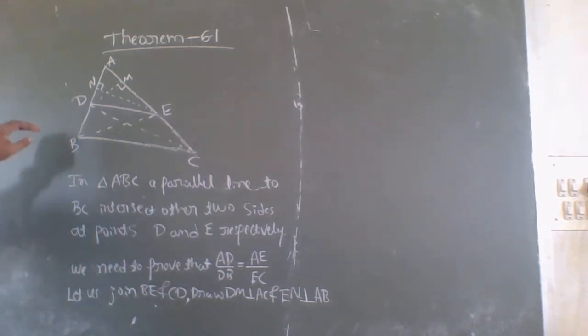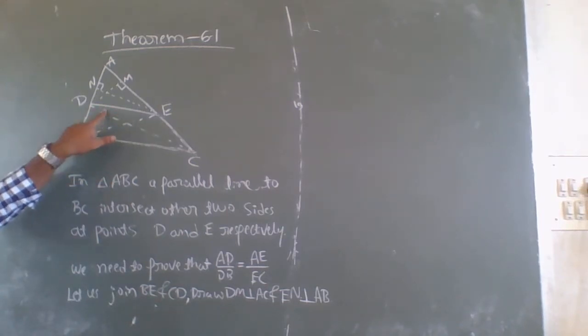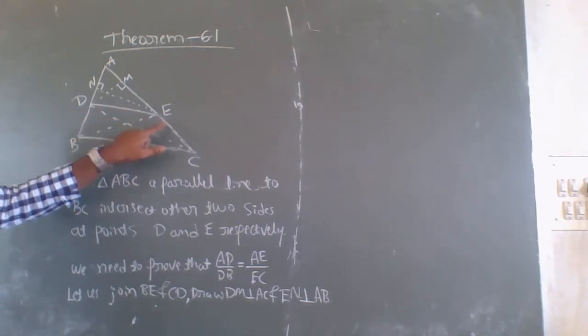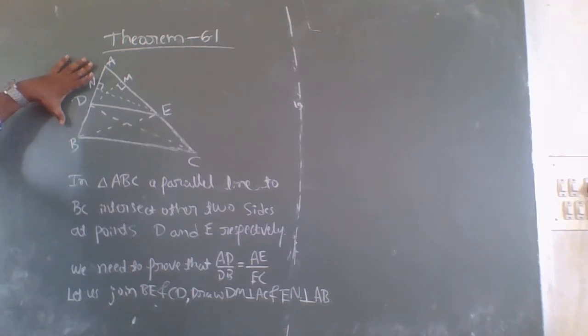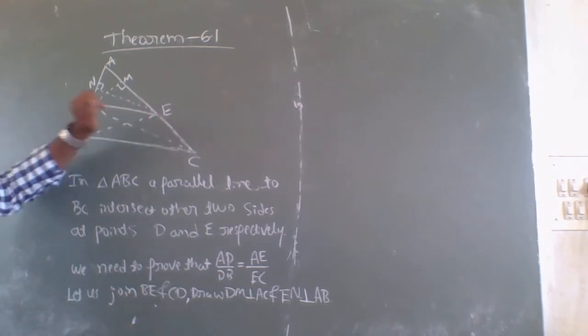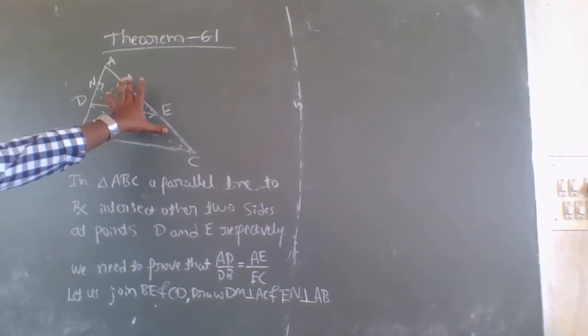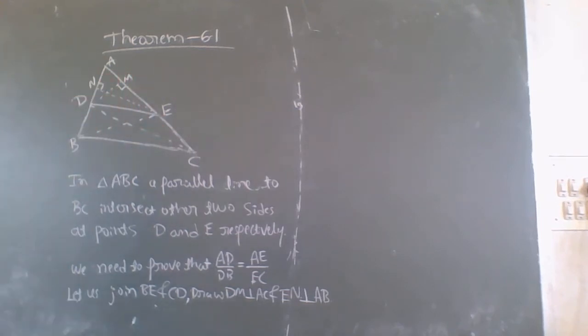See here again, a line drawn parallel to one side of the triangle. So here this line is drawn parallel to line BC, intersecting the other two sides, AB and AC, at two distinct points, D and E. Then these two sides AB and AC are divided in the same ratio.